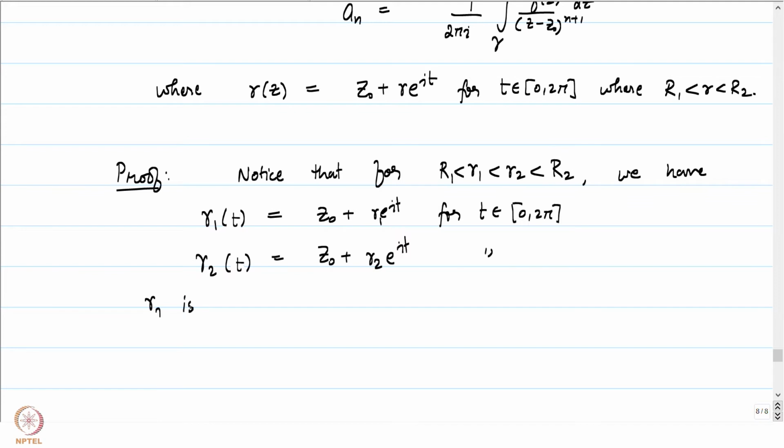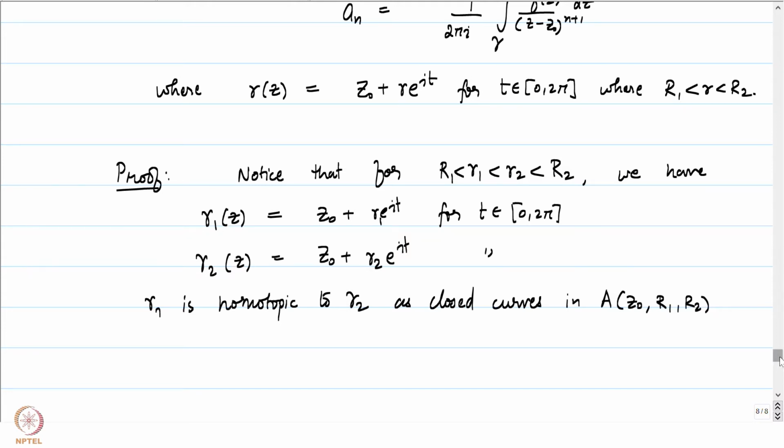Gamma 1 is homotopic to gamma 2 as closed curves in A(z0, R1, R2).